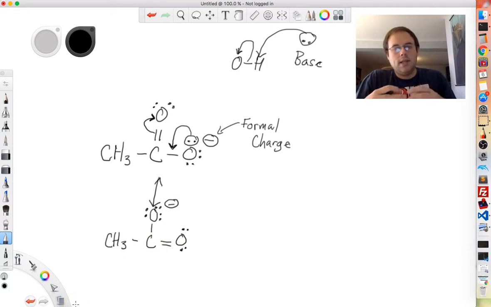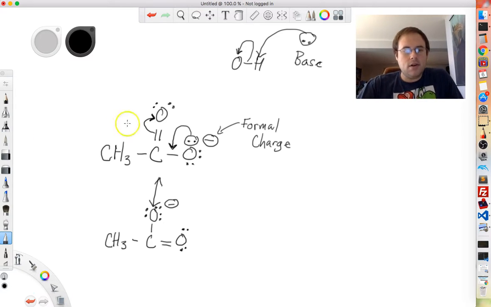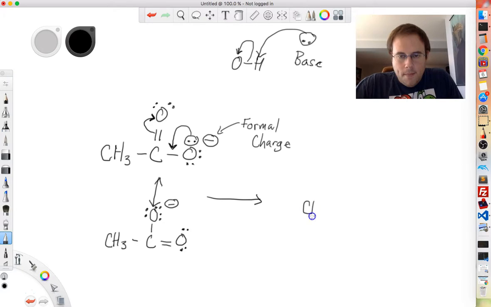What Rule 1 tells us for resonance is that neither of these structures exists in its entirety. What really happens is there's a blend of these structures. We don't often write it out this way in class, but in books you'll see something that looks like this, with a negative charge in the middle.